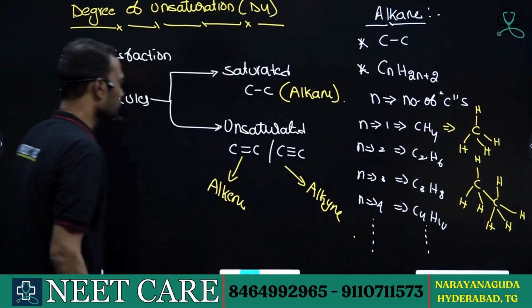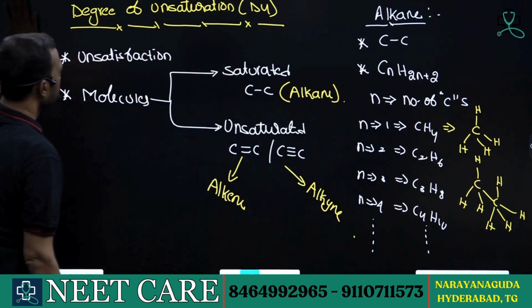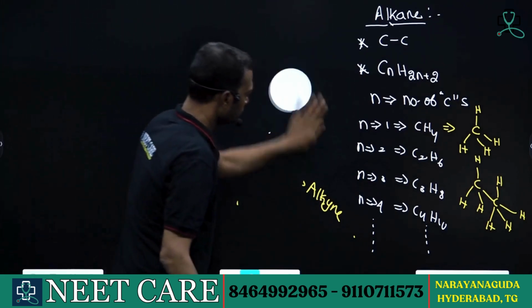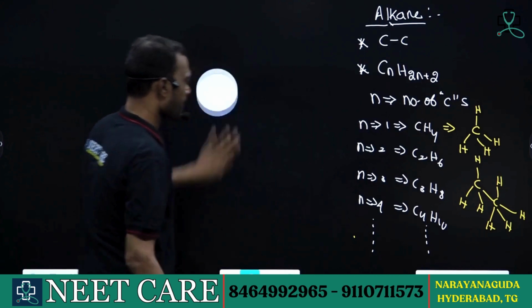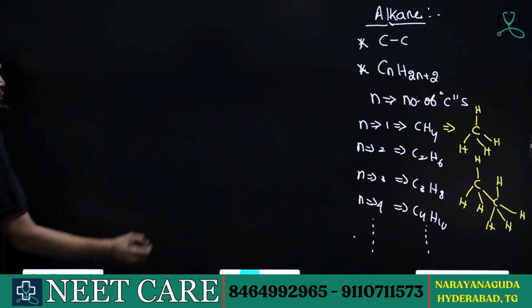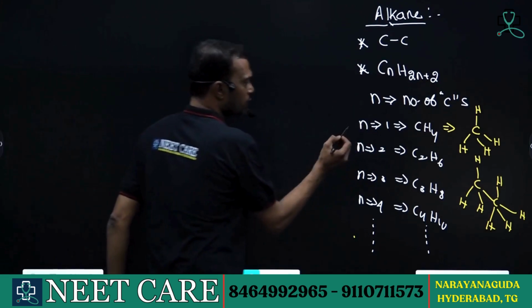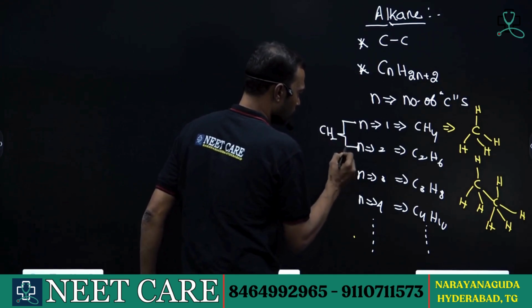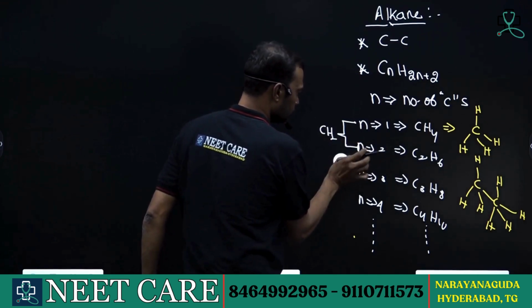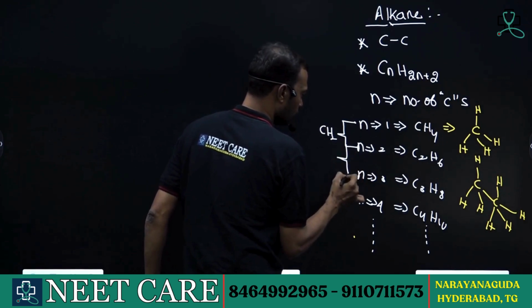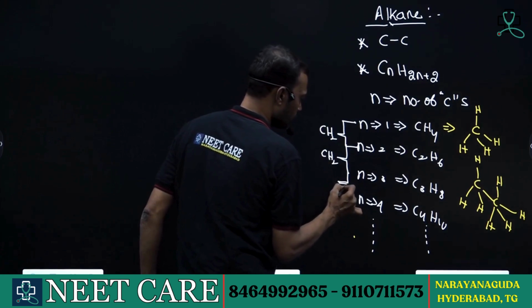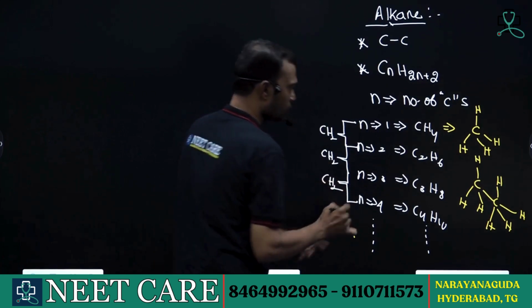Now, if you go to the next step, see the difference between this unit and this unit: only CH2 differs, and from here also the same. If you compare these two, from here to here, only CH2 differs, and here also the same.